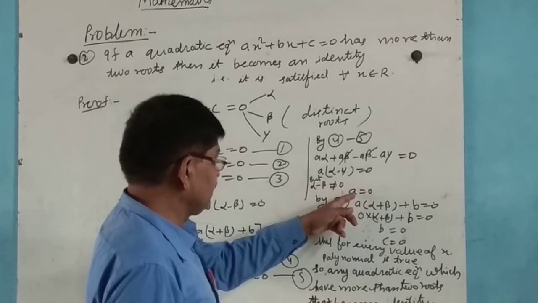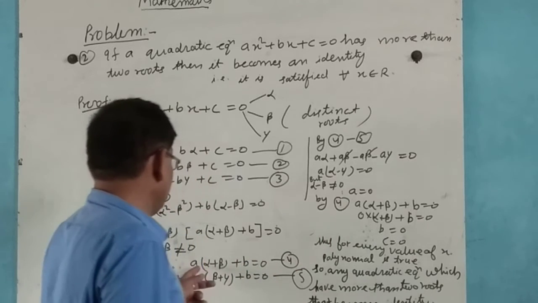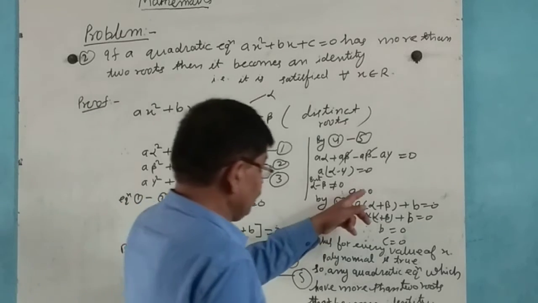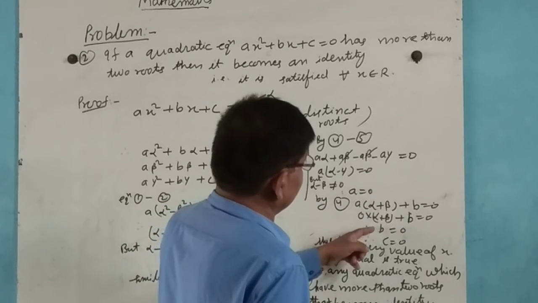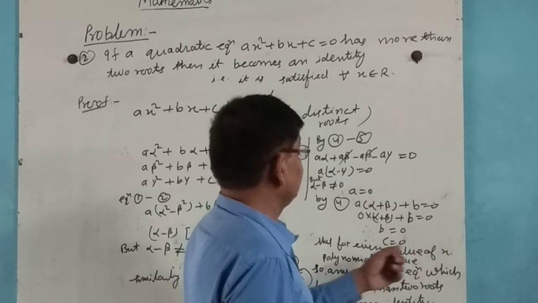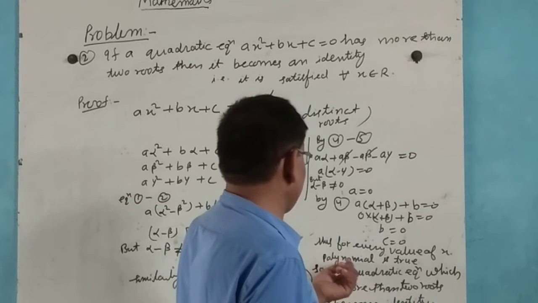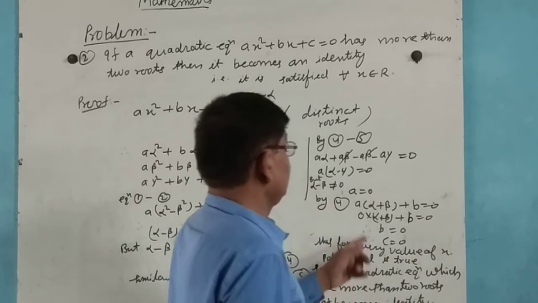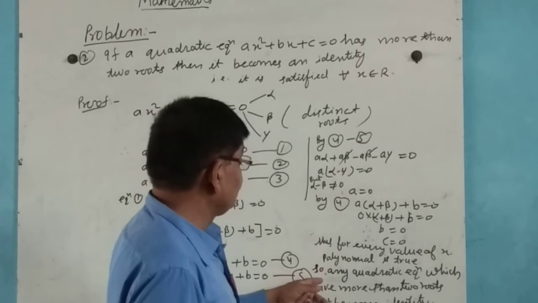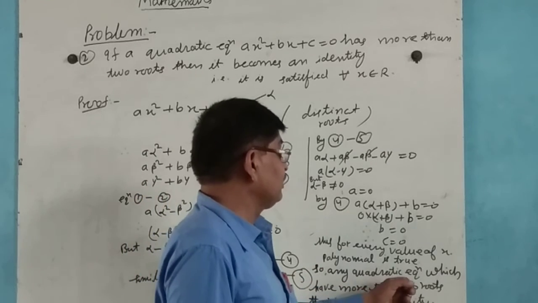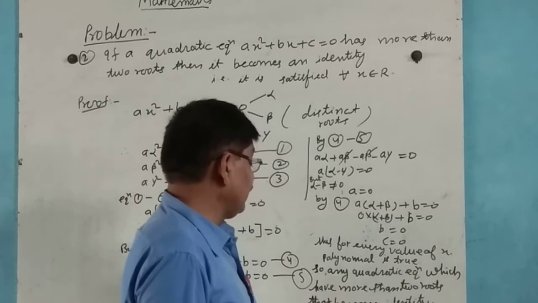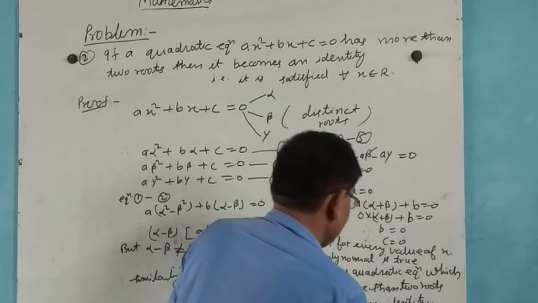Now putting this value in equation 4, this becomes 0, so that b is also 0 and c is also 0. Thus for every value of x the polynomial is true, and so any quadratic equation which has more than 2 roots becomes an identity.